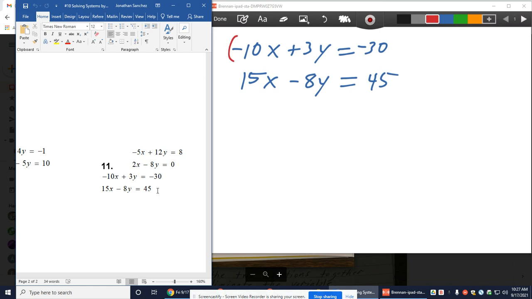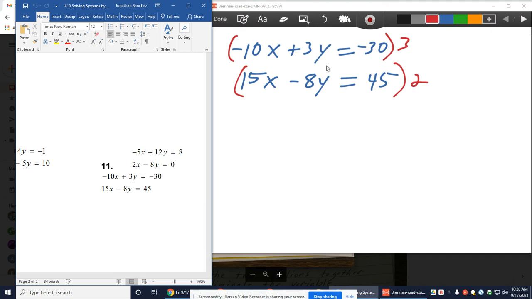When we say multiply the whole equation, I put parentheses around that. So this first one, I have to multiply the 10 by 3 to make it 30, and I got to multiply the 15 by 2 to make it 30.